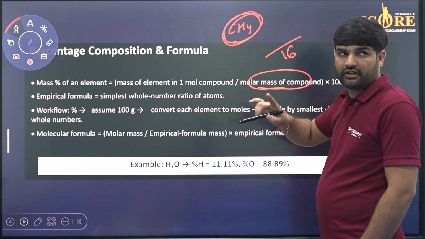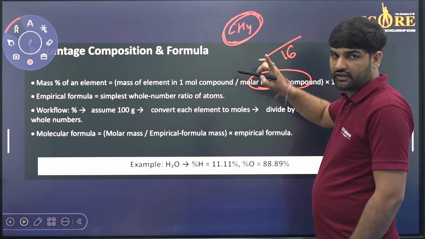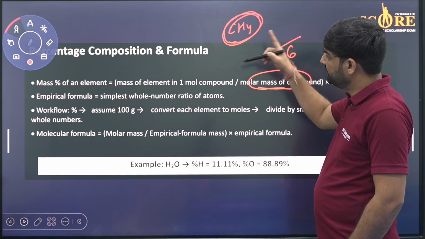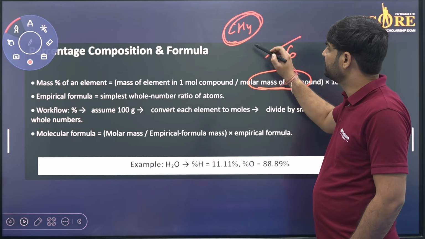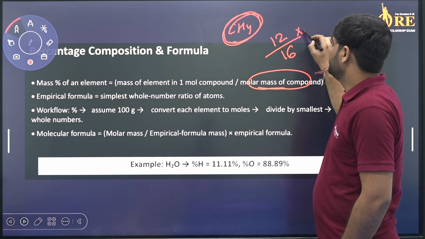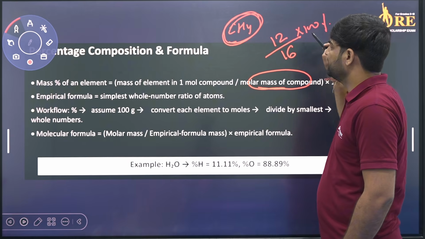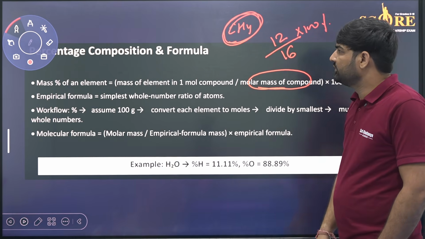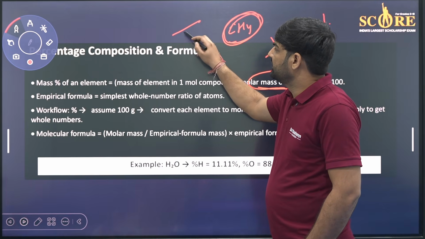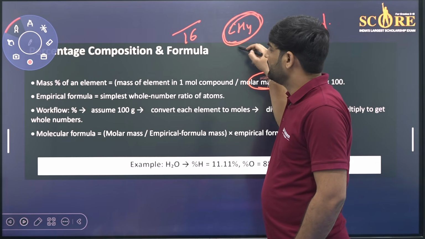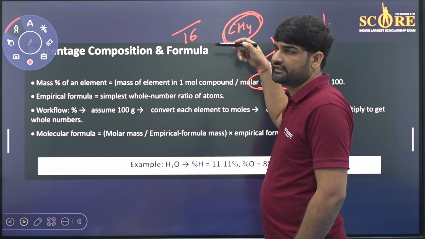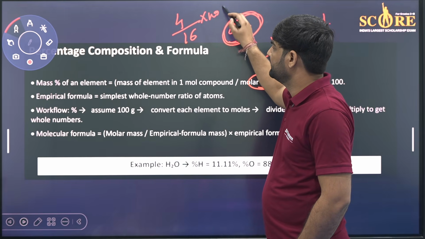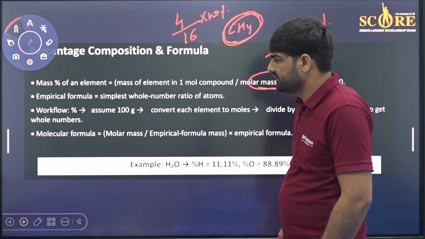I have taken 1 mole CH4, its mass is 16, and in this 1 mole CH4 the mass of carbon is 12 gram, multiplied by 100, this is the mass percentage. And if you want to calculate for hydrogen, you write 16 as the mass of 1 mole CH4, and the mass of hydrogen in that is 4, multiplied by 100, so this is the mass percentage.